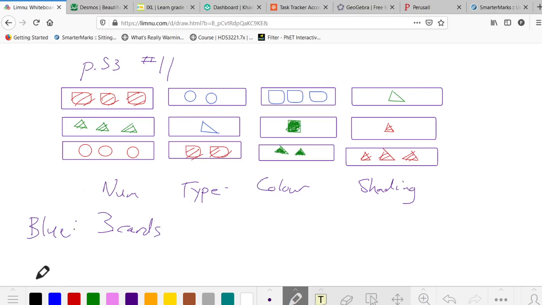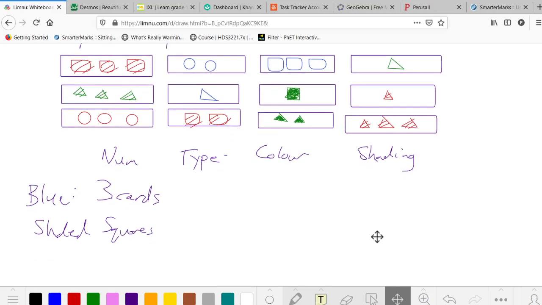Now, if we say shaded squares, then we have one with 3 reds, one with 2 reds, and one with 1 green, not the one with 3 blue, because that's not shaded at all, even though this is more deeply shaded than those.